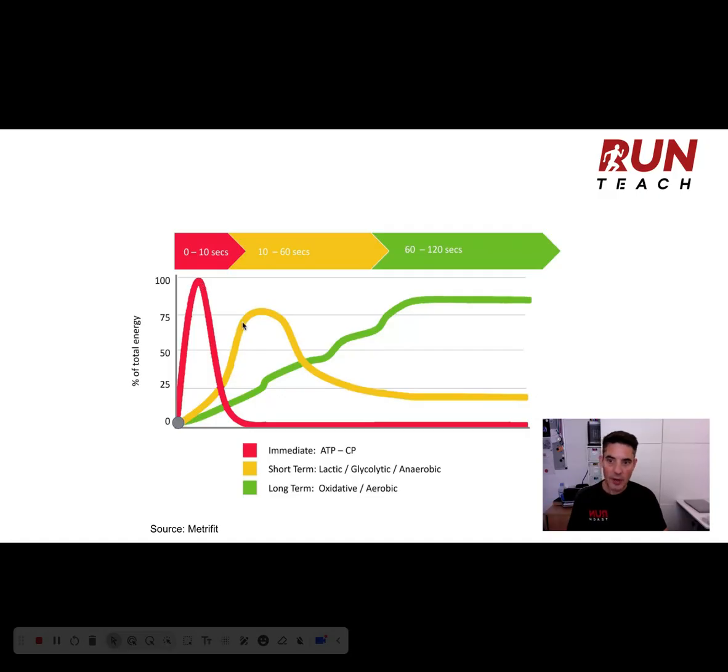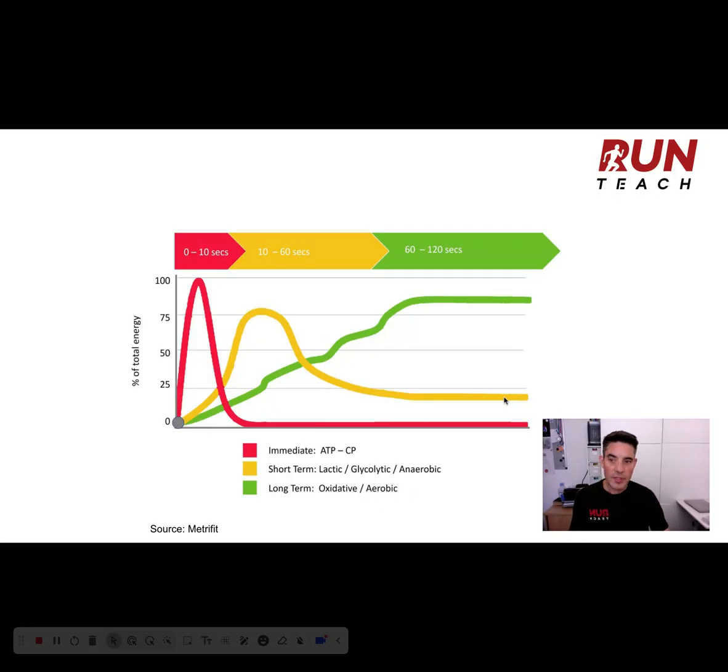That'll then burn out, and then you'll continue trying to work as hard as you can, but the effort's going to drop because it doesn't produce energy in the same way. For the next 60 seconds, perhaps 2-3 minutes, you're then working in this anaerobic, lactic, or what they call glycolytic system, because that's one of the processes behind it, before you then drop down into the aerobic system.